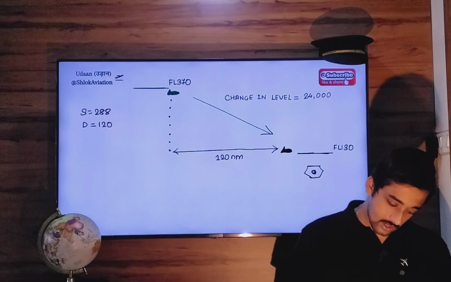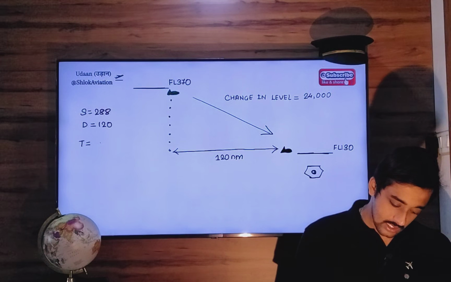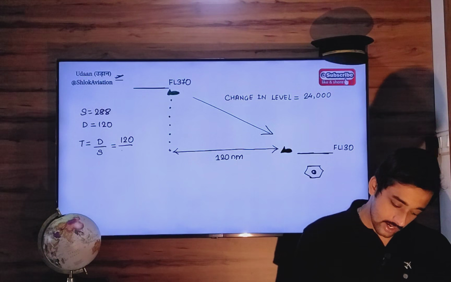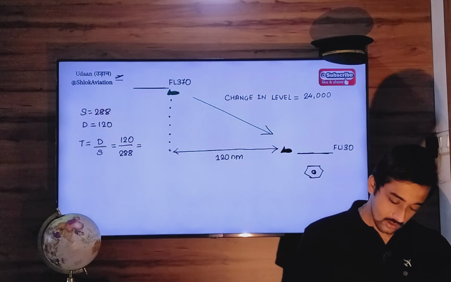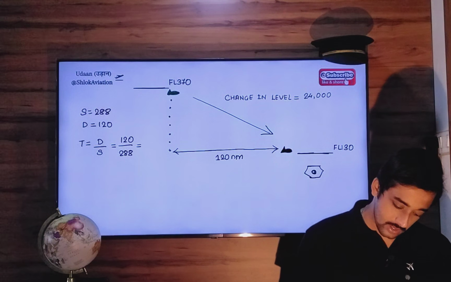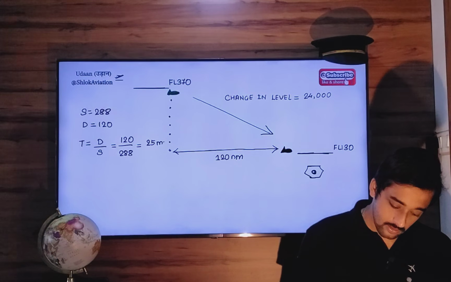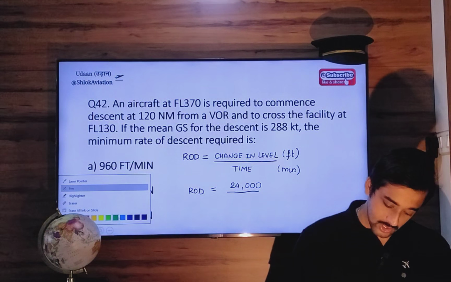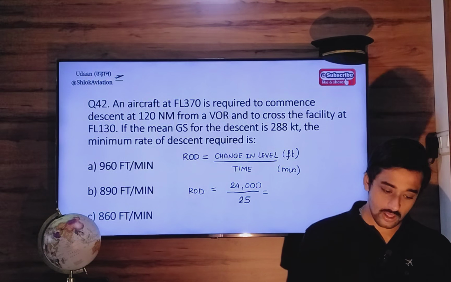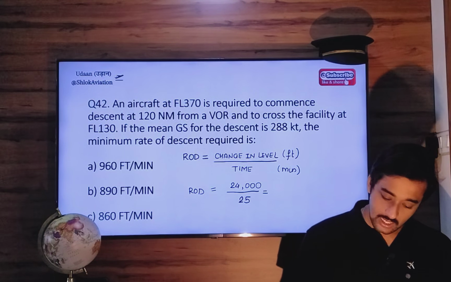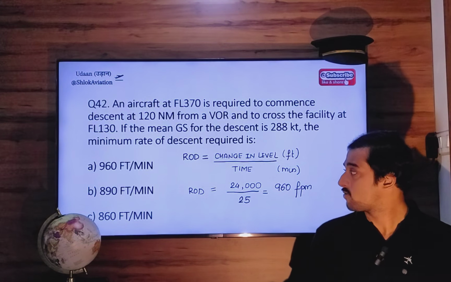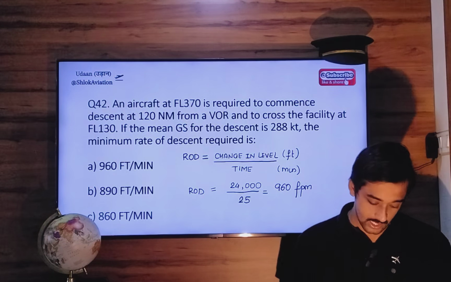So time will be equal to distance divided by speed, 120 nautical miles divided by 288. So 120 divided by 288 is 25 minutes. So substitute that here, 24,000 divided by 25. So 24,000 divided by 25 is 960 feet per minute. So option A will be the correct option.